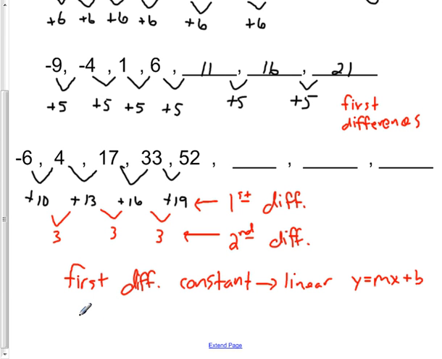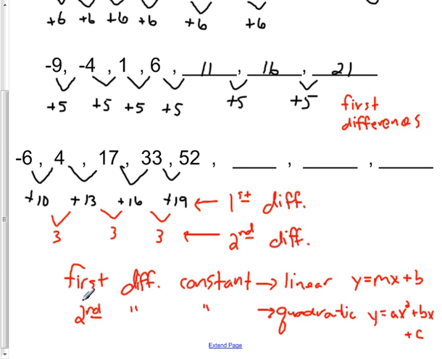If the second differences are constant, then it's going to be a quadratic. This means you're going to have y equals something x squared plus something x plus some number. So it's going to end up being an x squared equation.